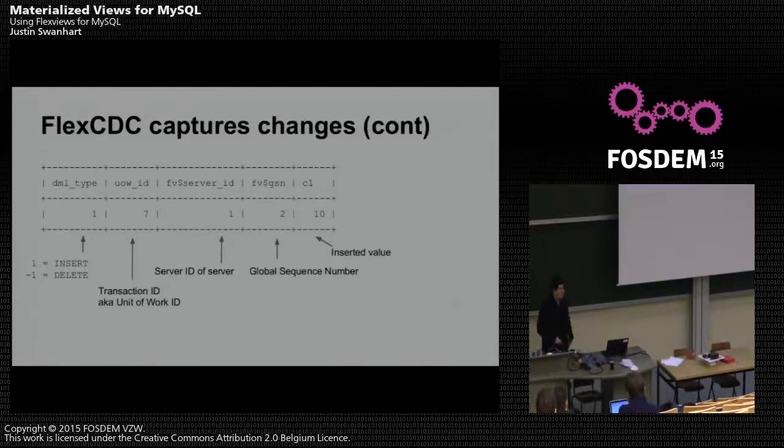So it's a delete followed by an insert. The unit of work ID is the transaction ID. Right? Unit of work is a DB2 term. The materialized view algorithm comes from DB2. Then the server ID of the server, and then the global sequence number. Every change gets a new global sequence number. So an update will have an old image of, say, global sequence number 2 and a new image of global sequence number 3. So that's how Flexviews orders changes within a transaction.